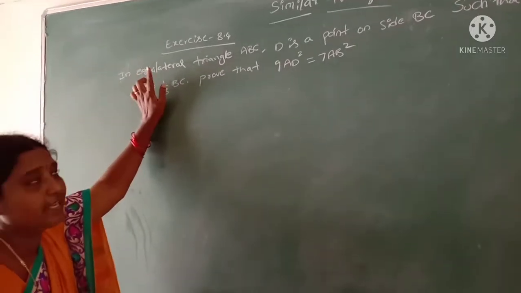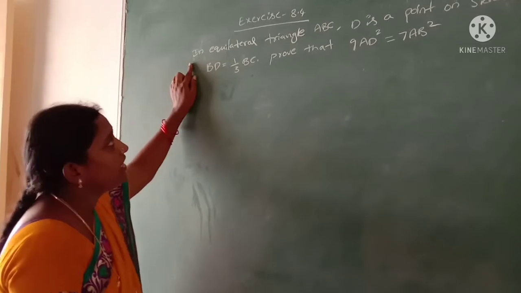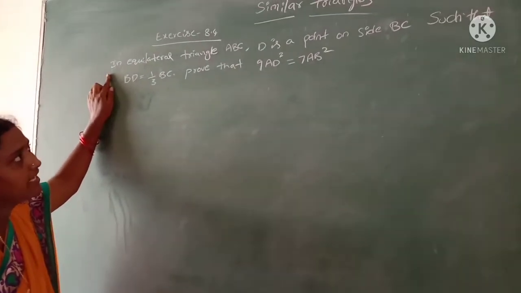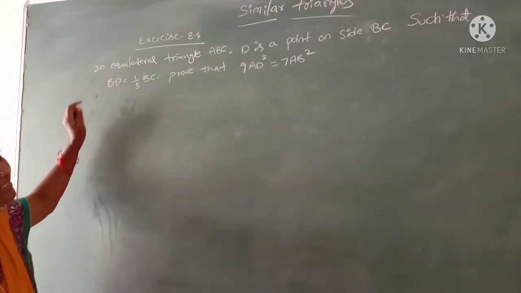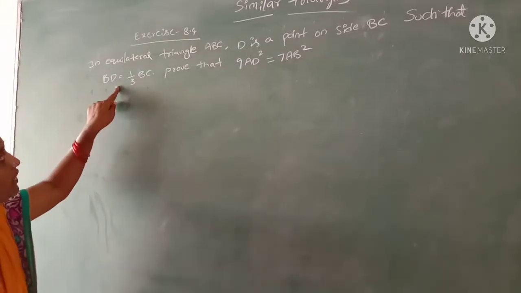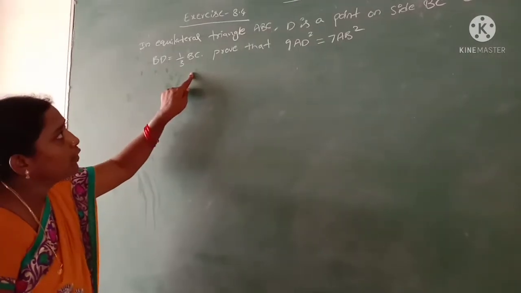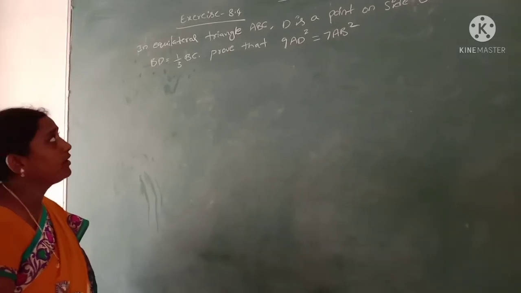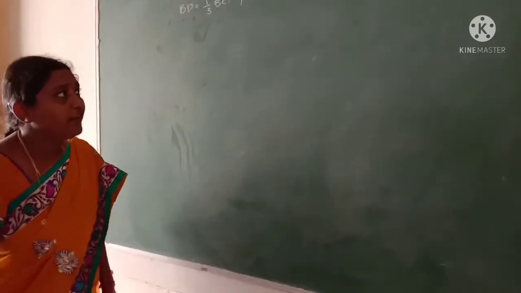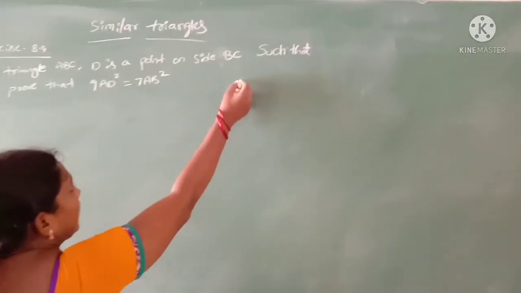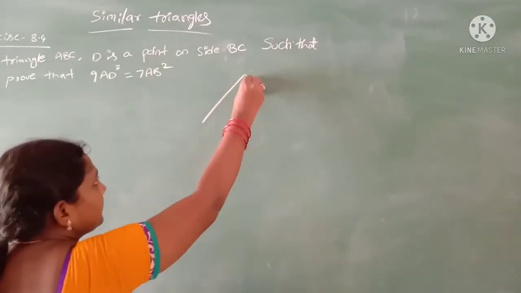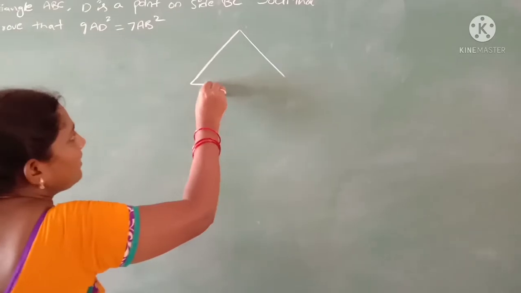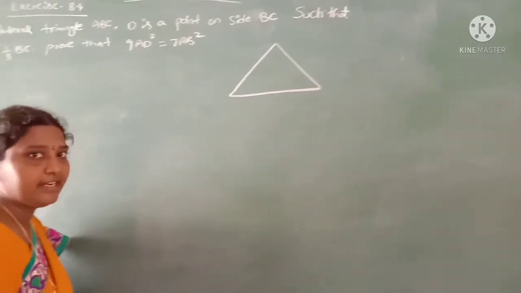Next, exercise 8.4. In equilateral triangle ABC, D is a point on side BC such that BD equals 1 by third of BC. Prove that 9AD square equals 7AB square. So first we draw the triangle ABC, an equilateral triangle. Equilateral means three sides are equal.